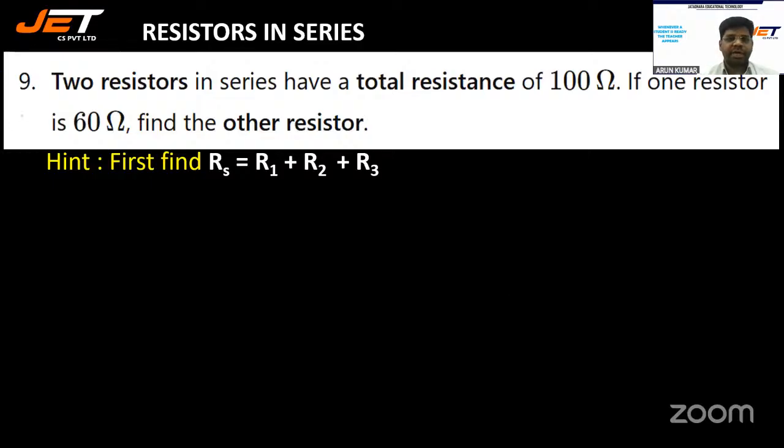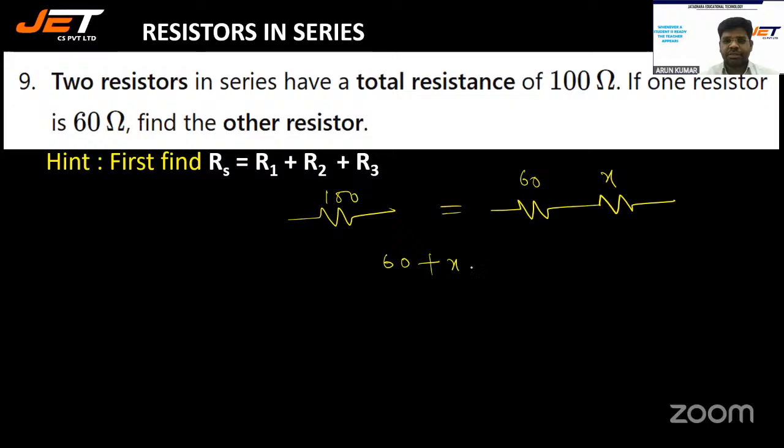Two resistors in series have total resistance of 100 ohms. If one resistor is 60, find the other. So I've got two resistors like this in series. One is 60, the other is X, and effective is 100. So 60 plus X is equal to 100. So X is equal to 40 ohms.